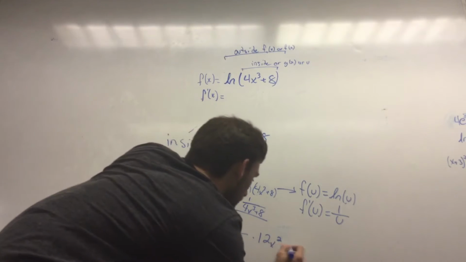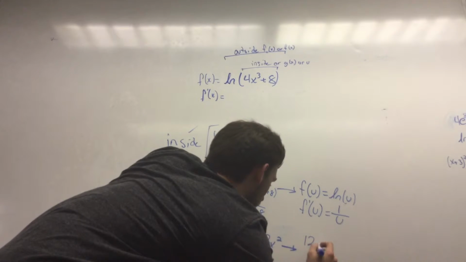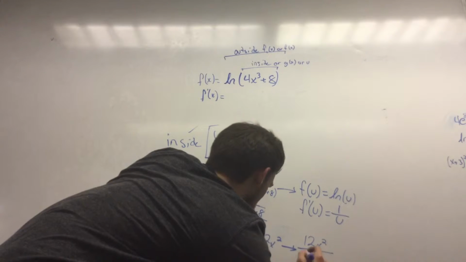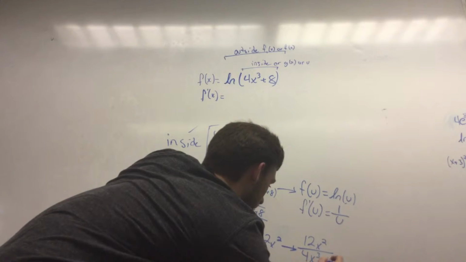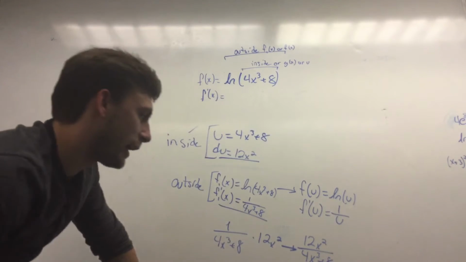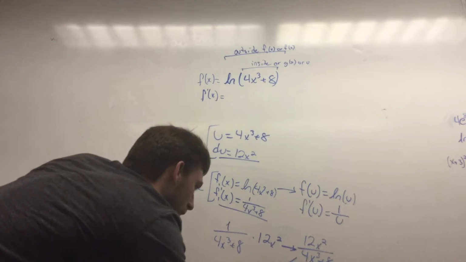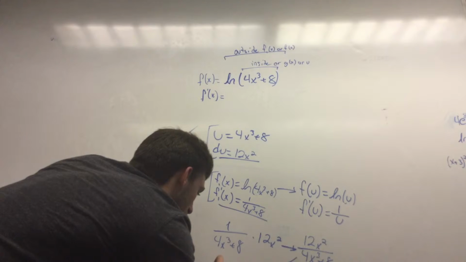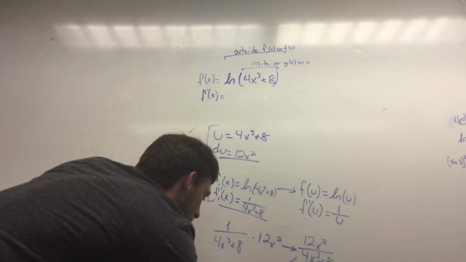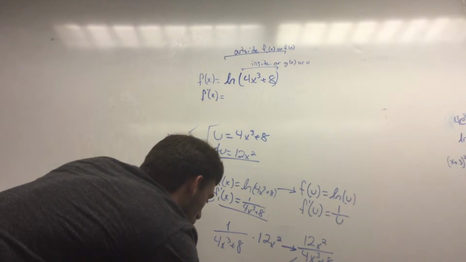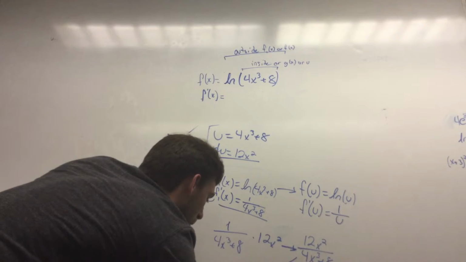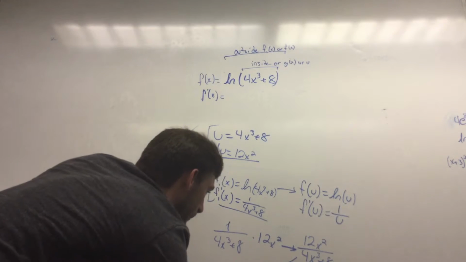We can combine those, and so 12x squared over 4x to the third plus 8. I can pull a 4 out, so we end up going back over here with 3x squared over x to the third plus 2.